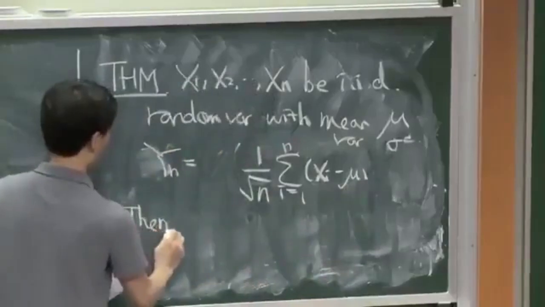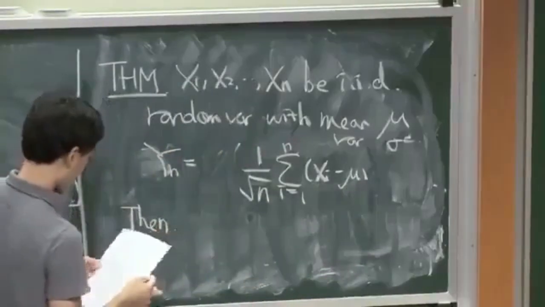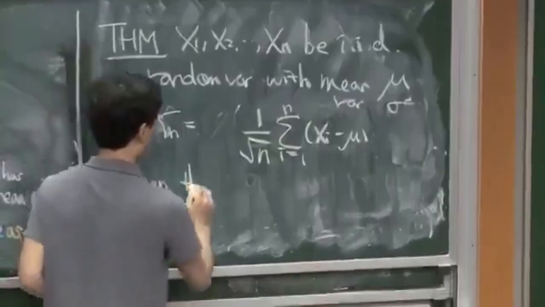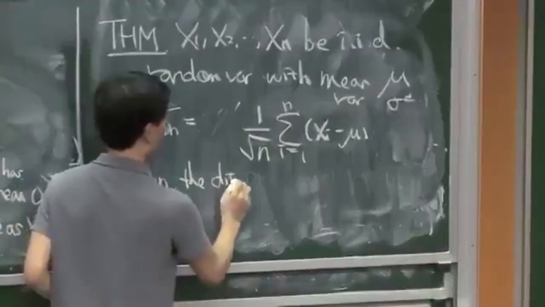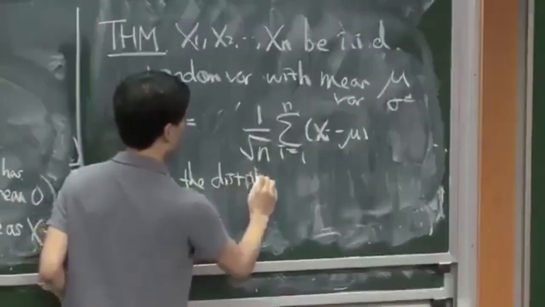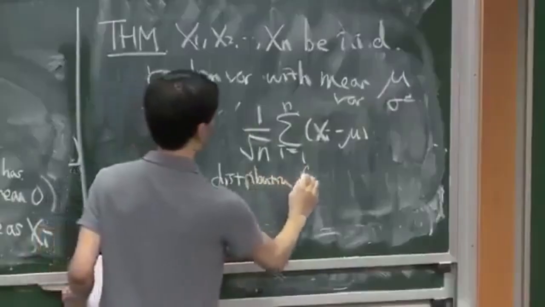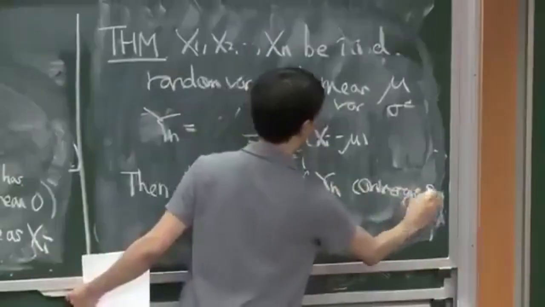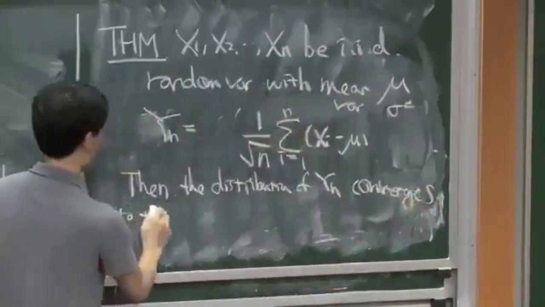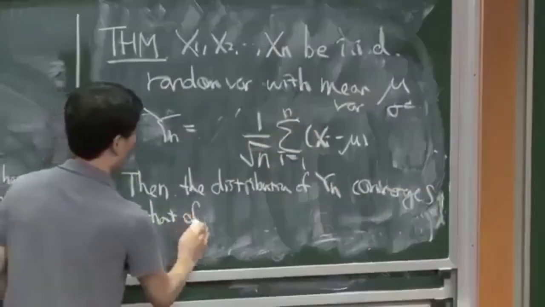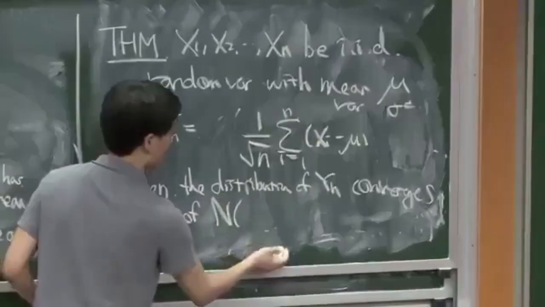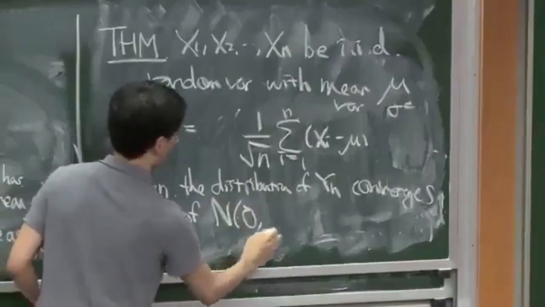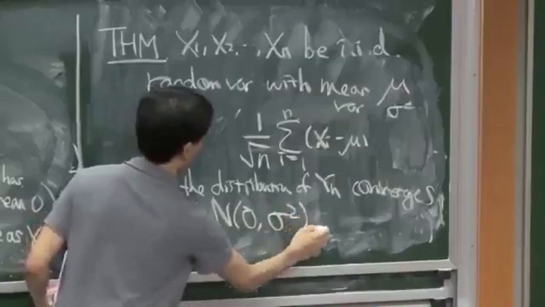Then the distribution of yn converges to that of the normal distribution with mean 0 and variance sigma squared.